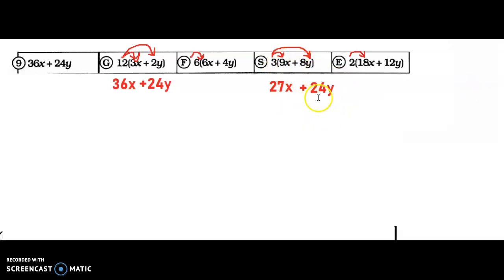So that does not equal this, right? I have 27x plus 24y, so that's not the same. So this is my answer. It's a quick way of doing it, just checking one of the terms on each of these to see if it matches my answer. It's just one way of doing it. Or you can go through and work it out all the way through like you're supposed to. I'm just trying to give you guys a shortcut so the homework's not as stressful.